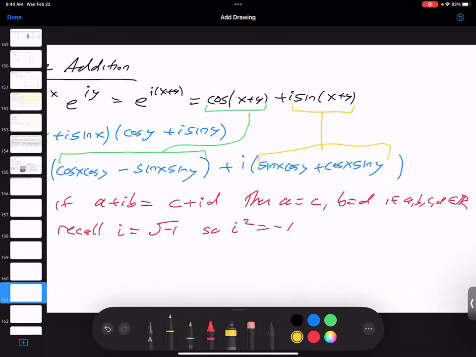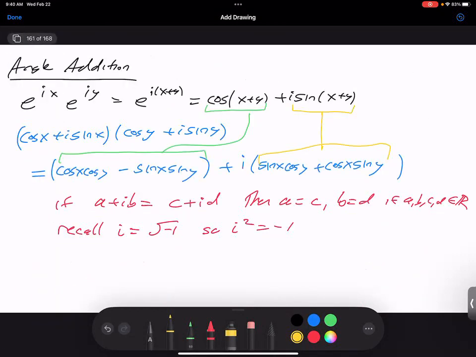So the big items: e to the ix is cosine x plus i sine x, and e to the ix times e to the iy is e to the i(x plus y), with i squared equals -1.